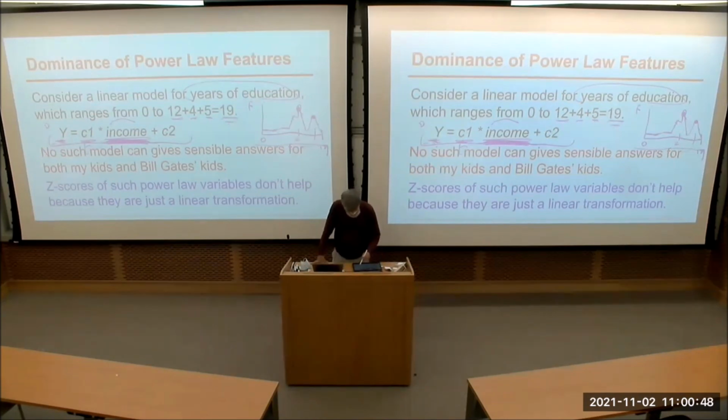If you're trying to predict a function like this from a variable that is a power law distribution, where you have a very, very long tail, you can't make this function out of things like this.